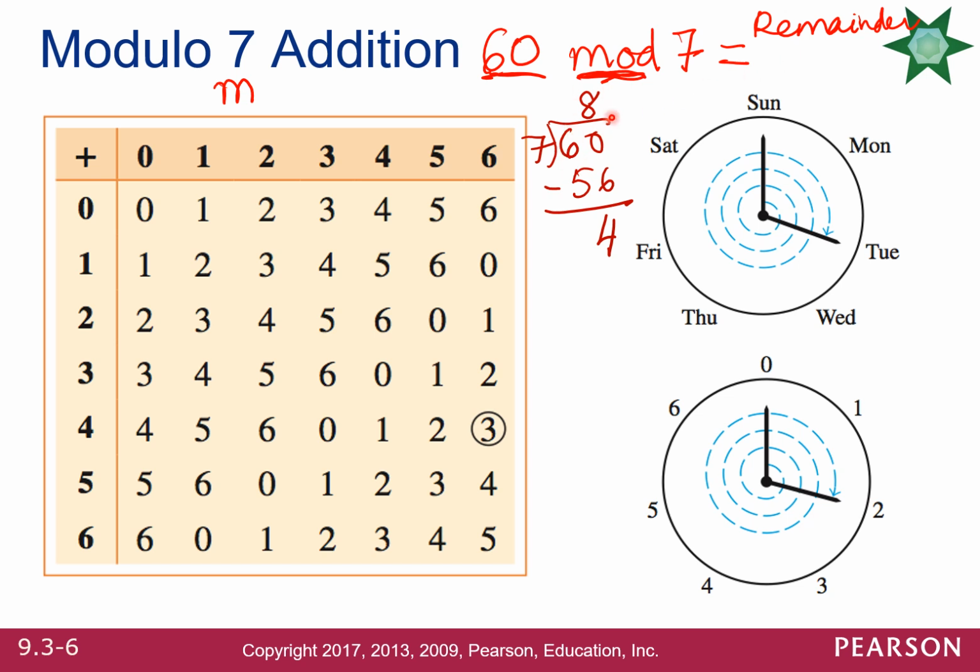All right, you don't concern yourself with the quotient. We are just concerned with the remainder because we are performing a modular operation. So I'm going to write here, 60 mod 7 is a 4, which is the remainder from the division.